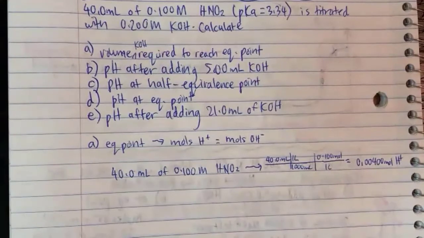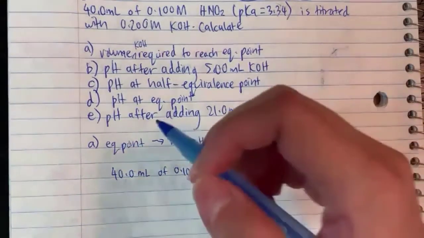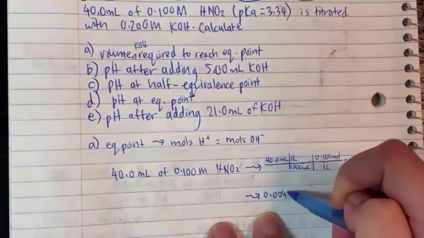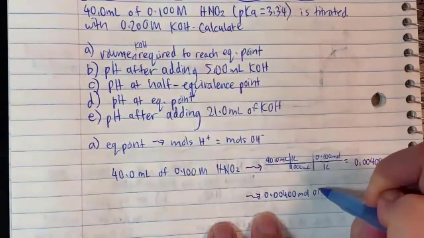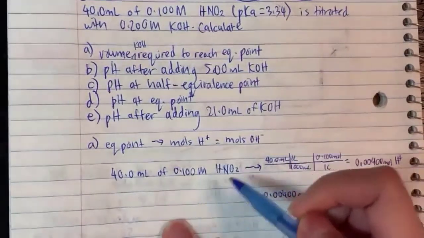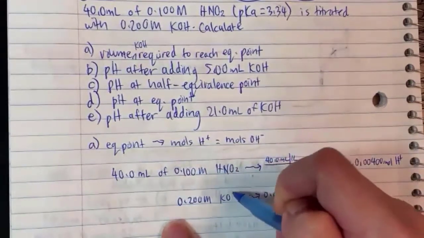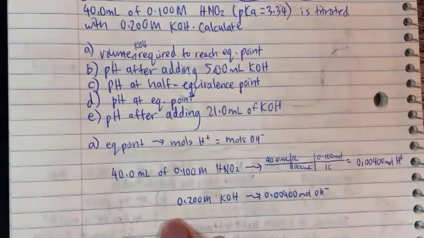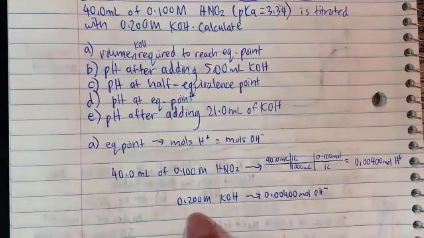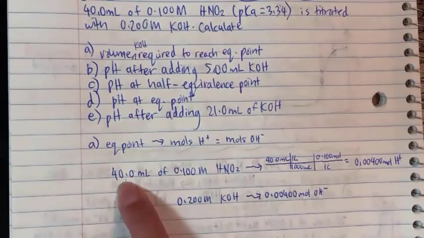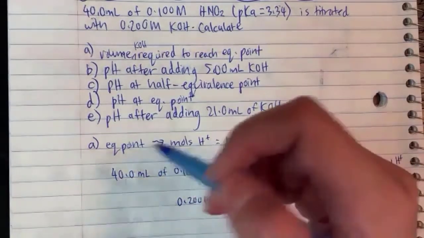So you're going to need 0.004 moles of OH. So what was the molarity of KOH? 0.2 molarity of KOH. If you couldn't do this in your head, you could calculate and find how many mL, but because this is exactly double, you will know that you're going to need 20 mL. Agreed?